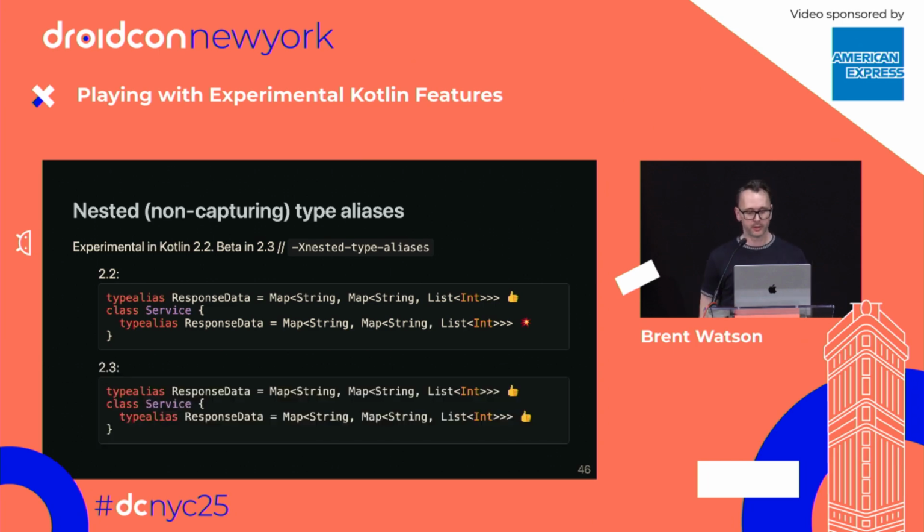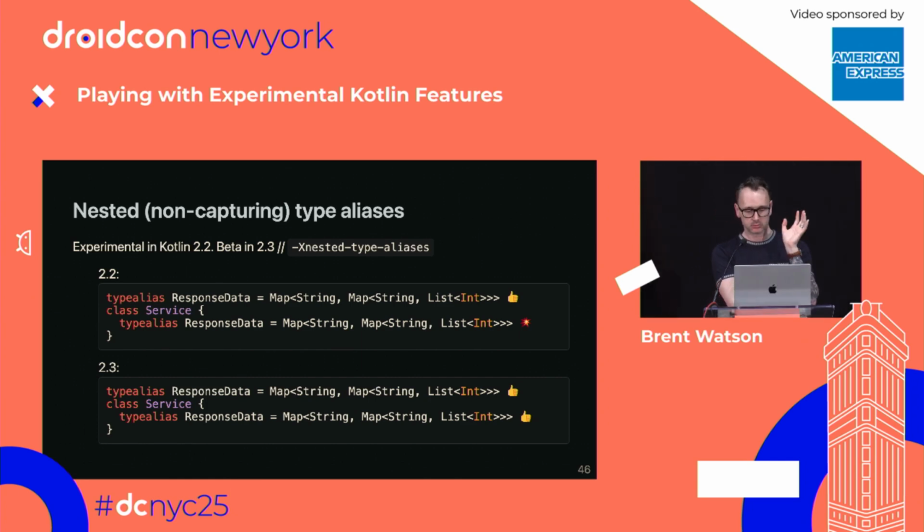So with nested type aliases, this is now okay. We can now put a type alias within a class or within a function, right? We can move the scope of the type alias, and that type alias can only be used in that class or that function.